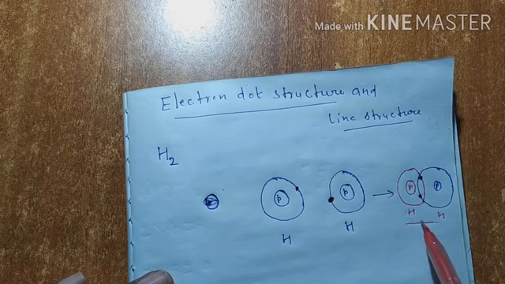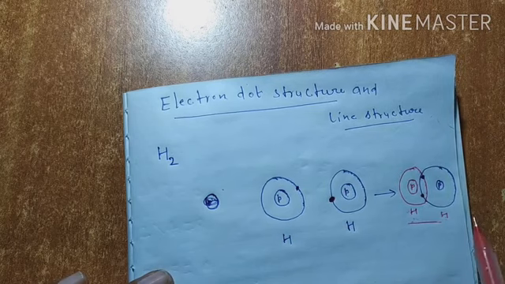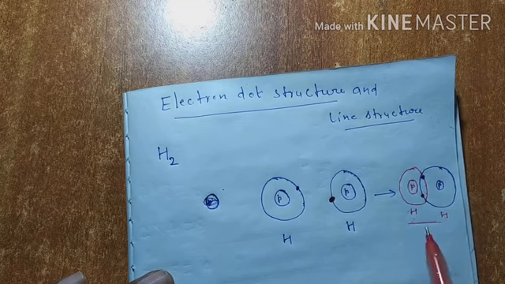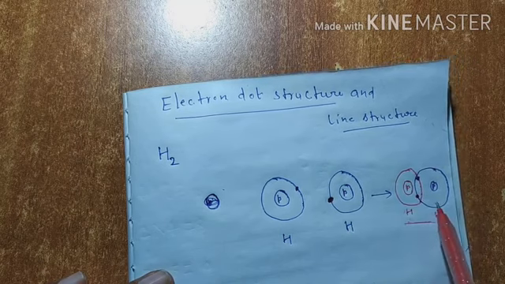Why is a covalent bond formed? To get stability. Why does any chemical reaction take place? To get stability, any chemical reaction takes place. Okay, so this is also stable, this is also stable.